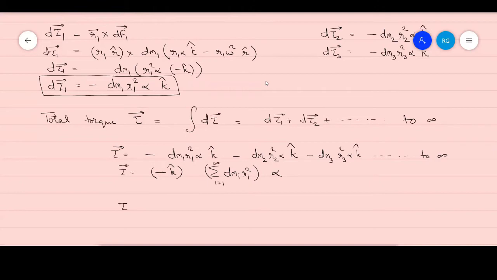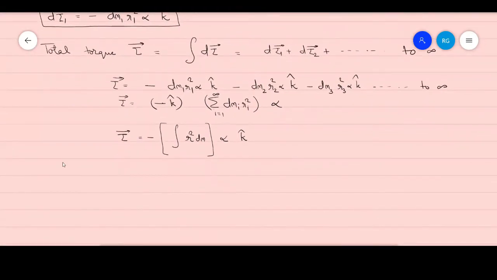Or I can write torque as the integration of r square dm, this whole thing, into alpha and minus k. So the magnitude of the torque will be simply the integration of r square dm, because addition up to infinity is actually integration itself, this whole thing, into alpha.